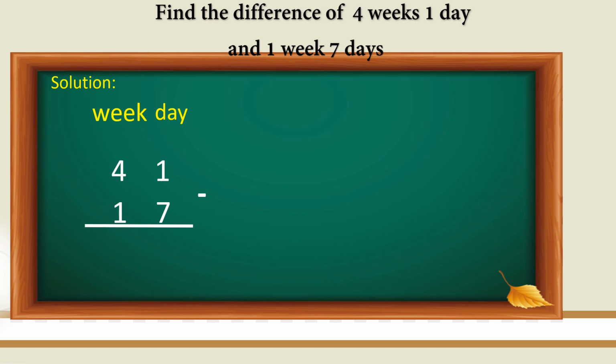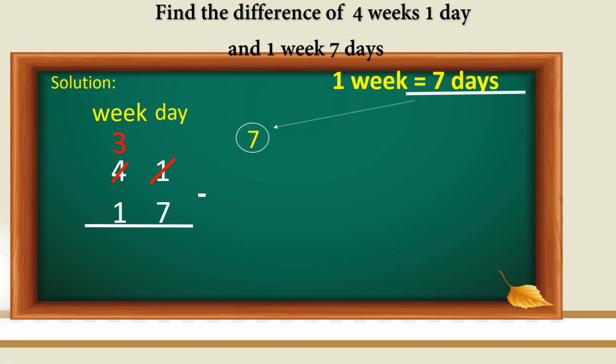What should we do? First, let's borrow 1 from 4. So 4 becomes 3. How about the one that we borrow from 4? We will convert it into days, since we are subtracting the days. 1 week is equals to 7 days. And let's add the 7 days into 1 day. So we have 8 days.